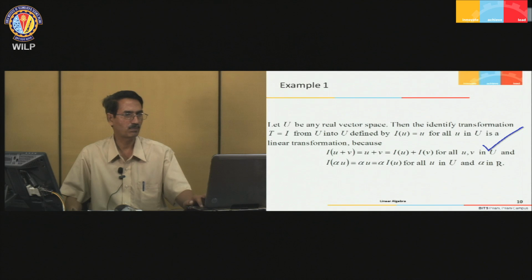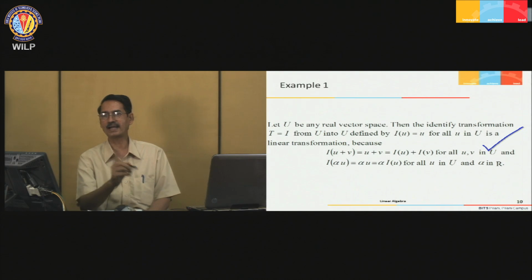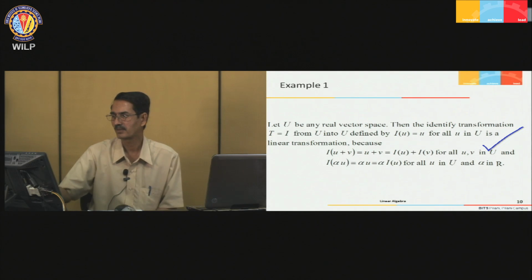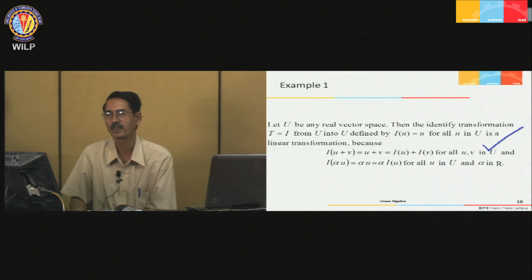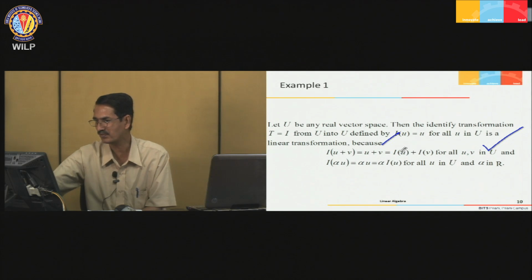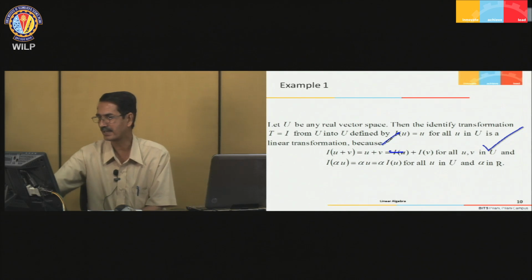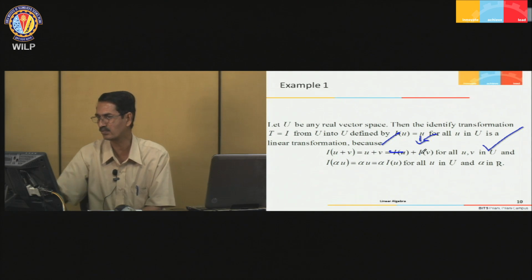Let us see one example. Suppose U is a real vector space, then define an identity transformation or identity map from U to U itself by the relation that I of u is equal to u for all u from U. Therefore, what is I of u plus v? I of u plus v is u plus v, and u is in fact I of u because I is the identity transformation, and v is also I of v, and therefore I of u plus v is I of u plus I of v.